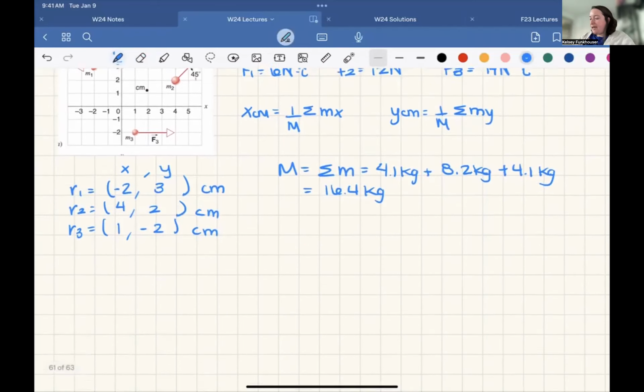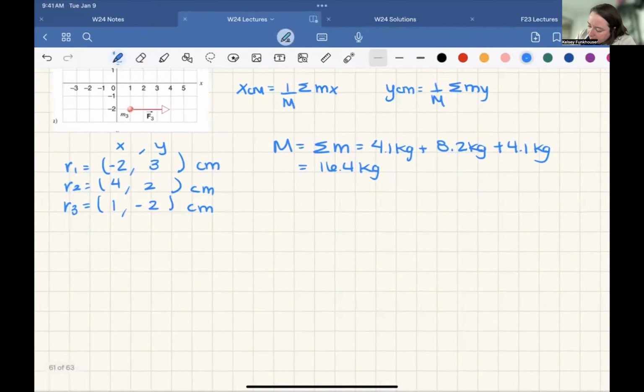Now let's find the x coordinate of the center of mass. Again, it's just 1 over m, the sum of the mass times its position in x.